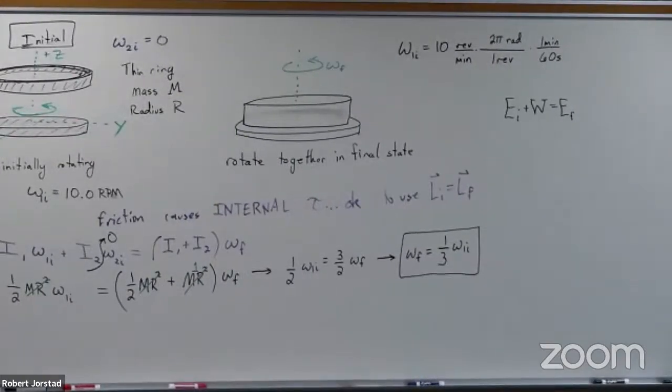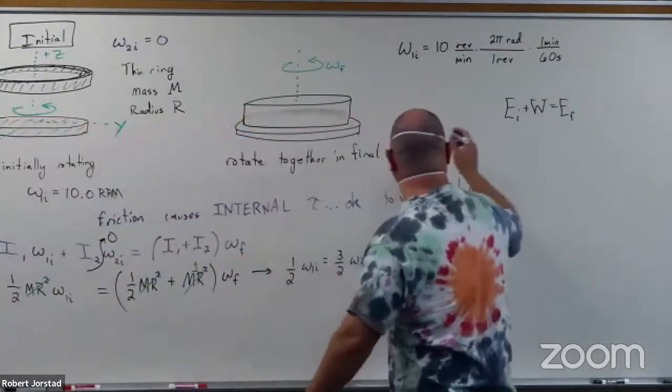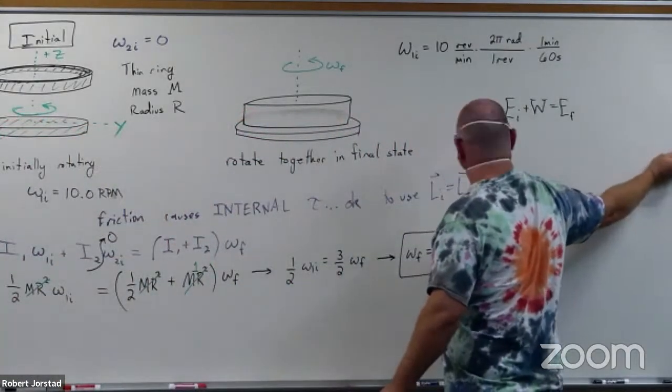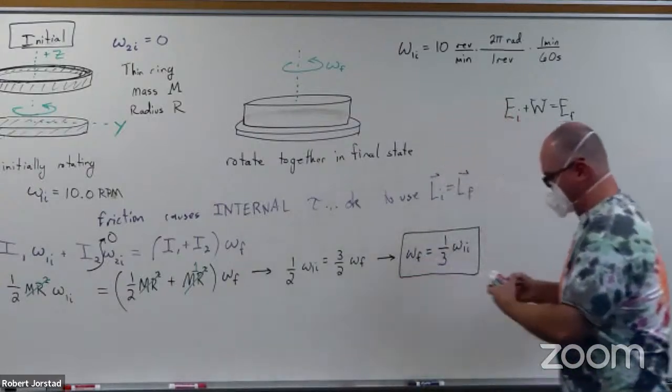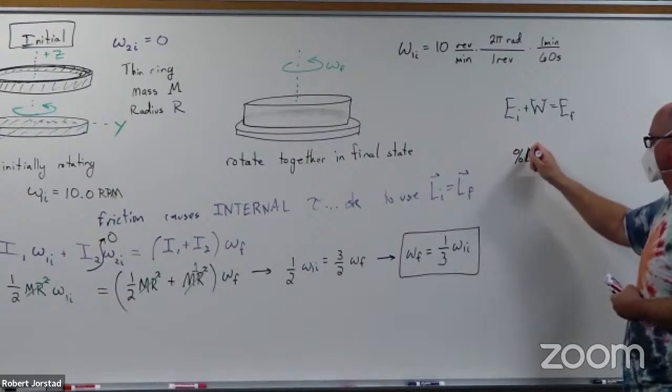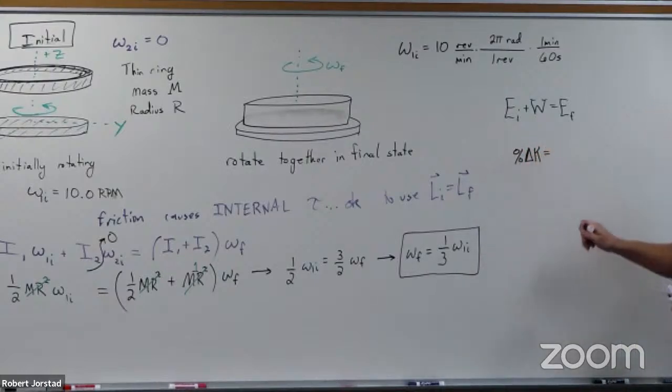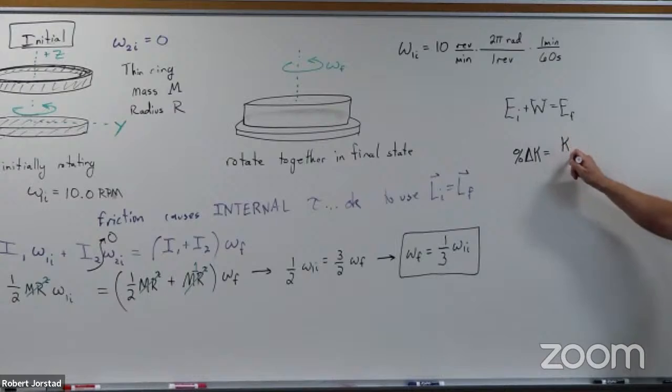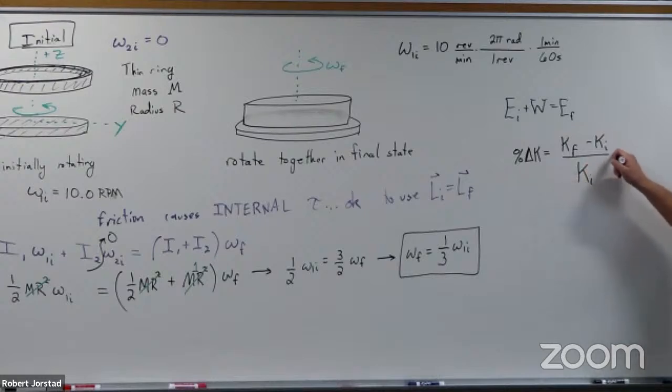So if I want to talk about the change in energy, let's say we wanted to figure out the percent delta K. Well, that's going to be K final minus K initial all over K initial times 100%, right?